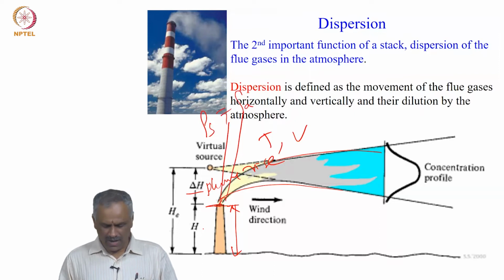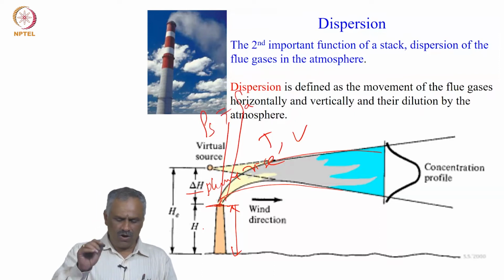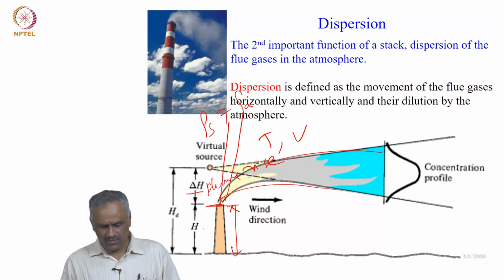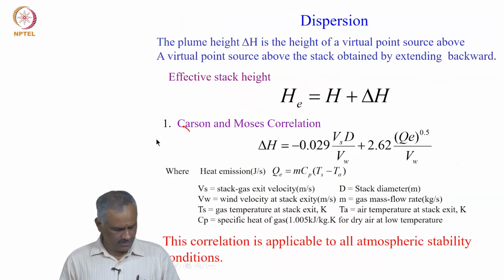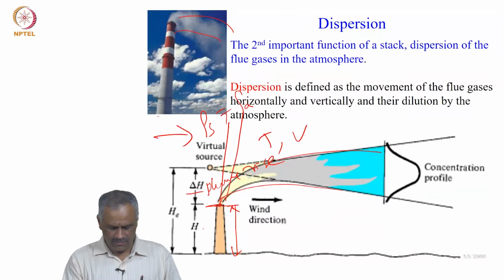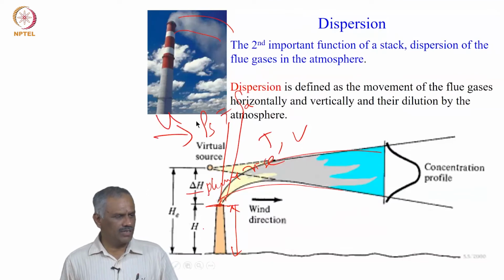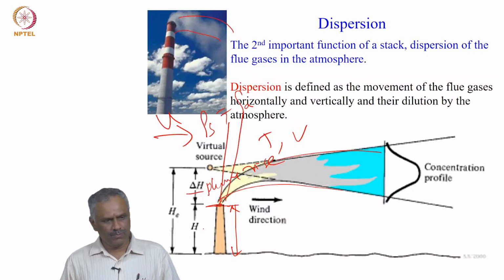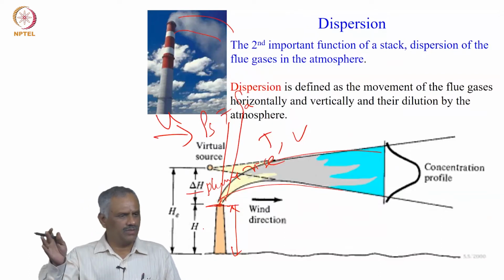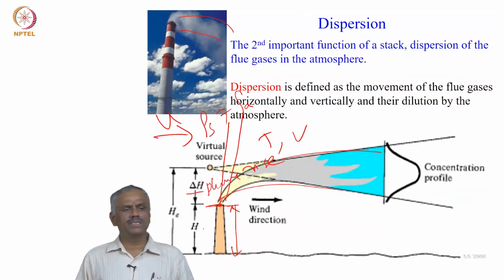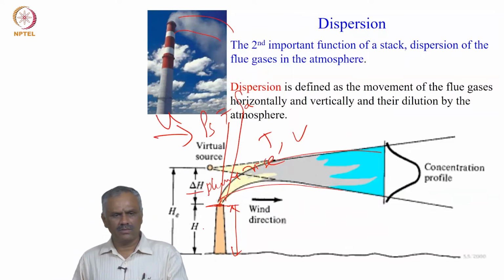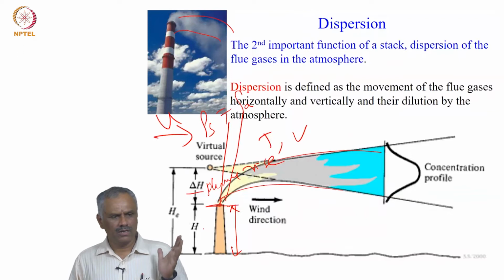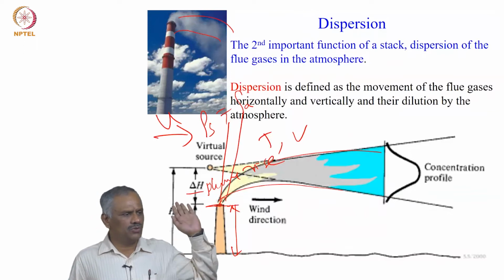But what happens is that it does not go straight up, it is bent like that. Why is it bending? Because there is a wind velocity. The bending of this plume depends on the direction of the wind. Chimney design is again a big thing, and I am not discussing it in detail, only briefly.